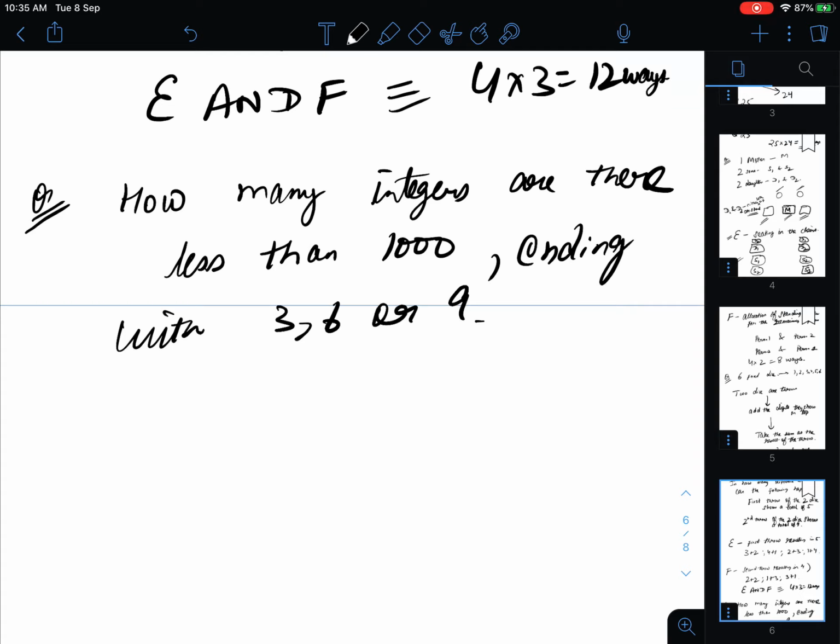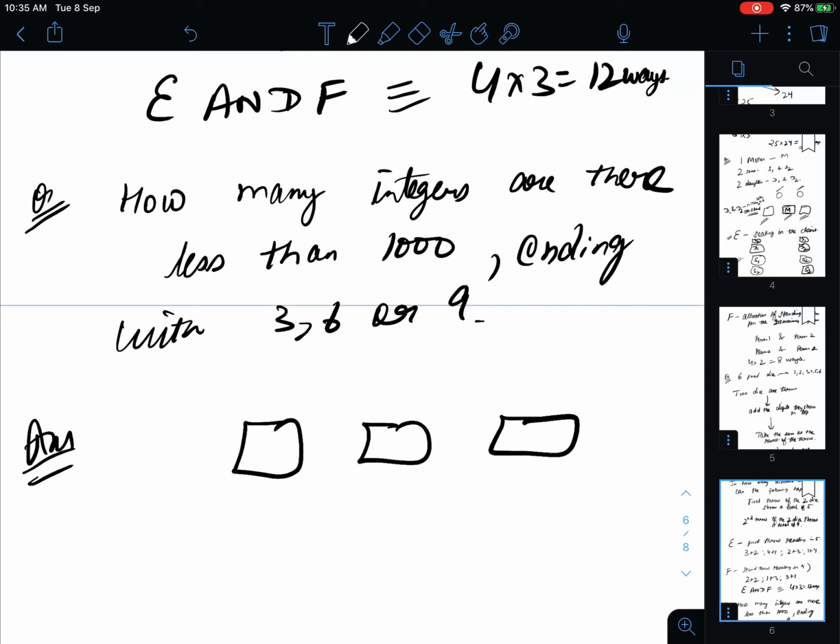Okay, all right. Now you see, to solve this question, we shall consider three blank spaces. Consider three blank spaces.